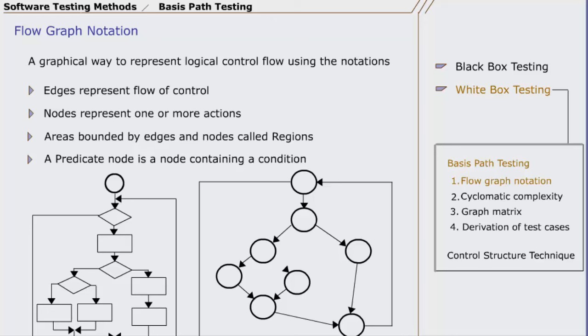In this figure, each circle called a flow graph node represents one or more procedural statements. We can map a sequence of process boxes and decision diamonds into a single node. An edge must terminate at a node even if the node does not represent any procedural statements.